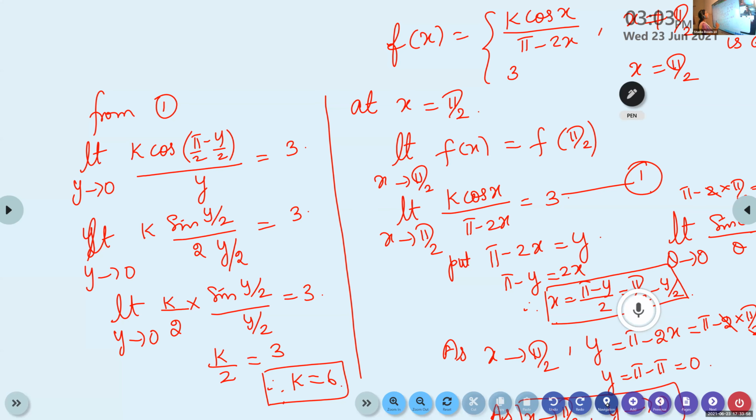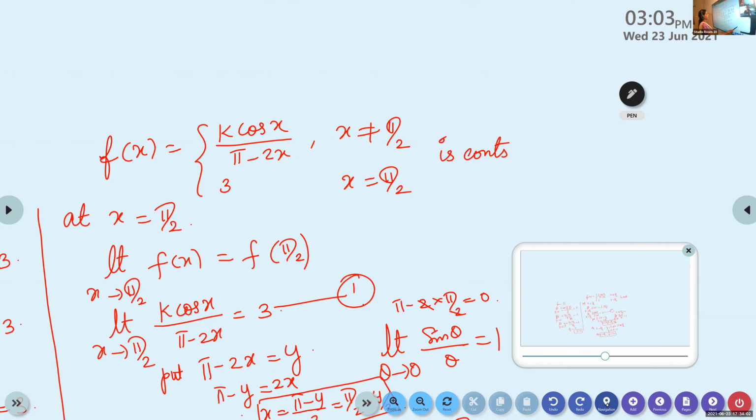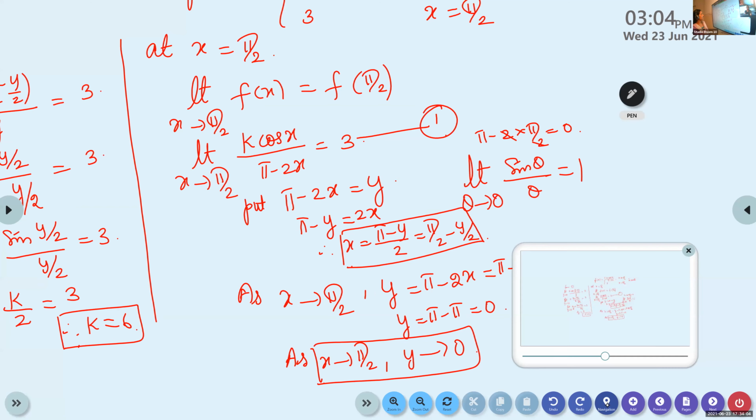Listen, the question is given like this. If f of x is equal to k cos x by pi minus 2x when x is not equal to pi by 2, and 3 if x is equal to pi by 2, is continuous, we were asked to find the value of k.